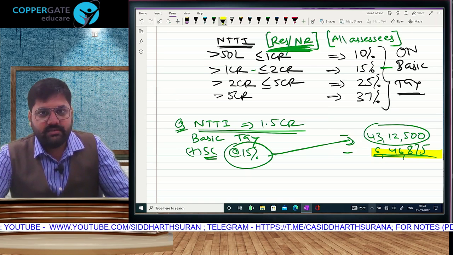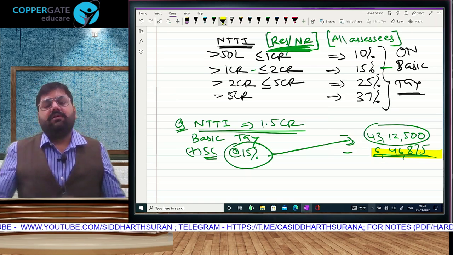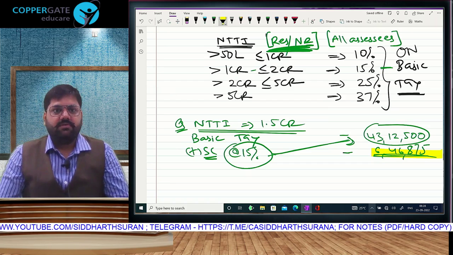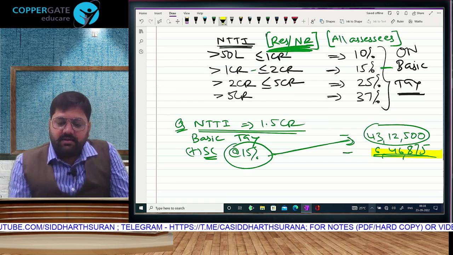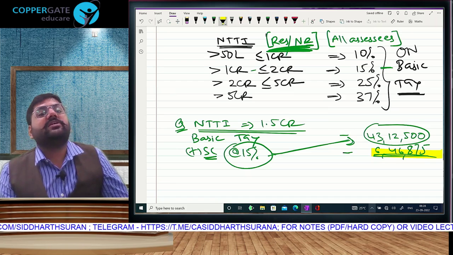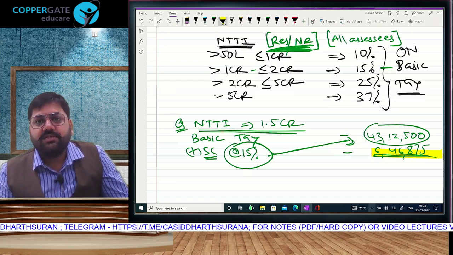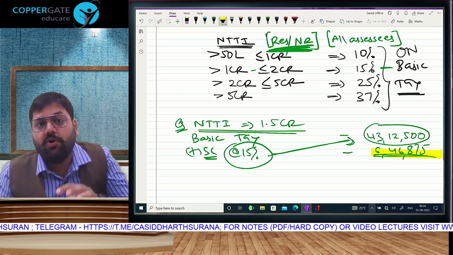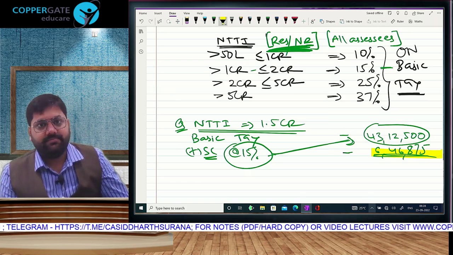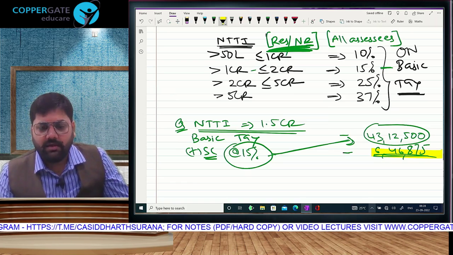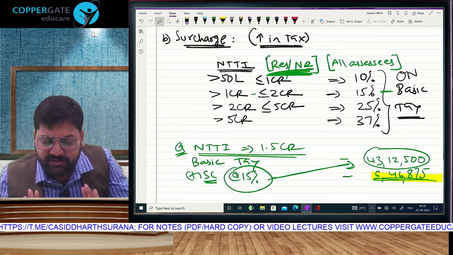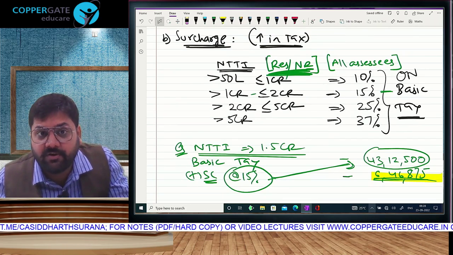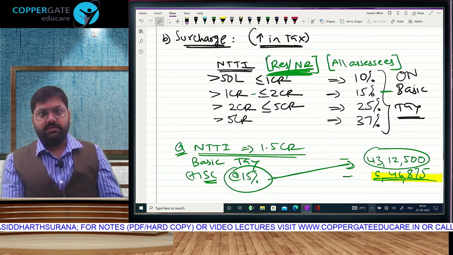Is this clear? But I have some more bad news. That surcharge ka concept is not over. Surcharge ka concept is having a lot of discussion pending. बहुत बाकी है. But are we clear about what we have studied? Surcharge is in one frame right in front of you. Are we clear about this?